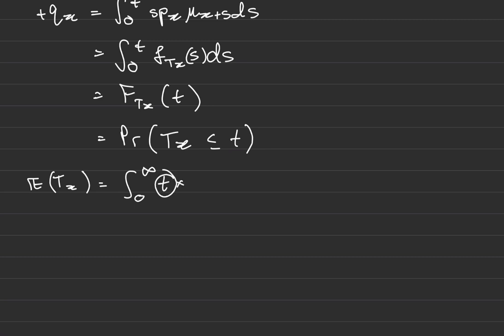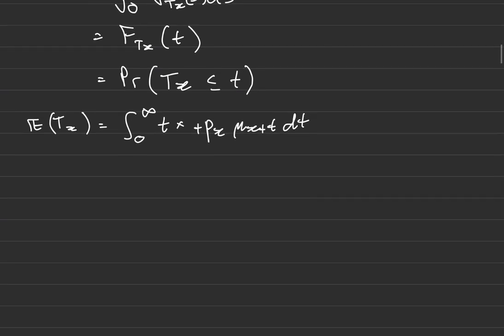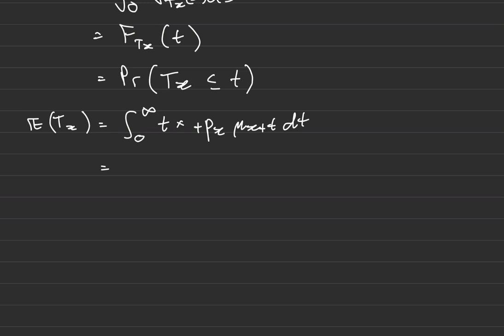So it's t times the PDF. The PDF is tpx mu x plus t dt. And then if you do integration by parts, you come to the integral from 0 to infinity of tpx dt, which equals this symbol here, which we're going to use for the complete expectation of future lifetime. So the complete future expectation.